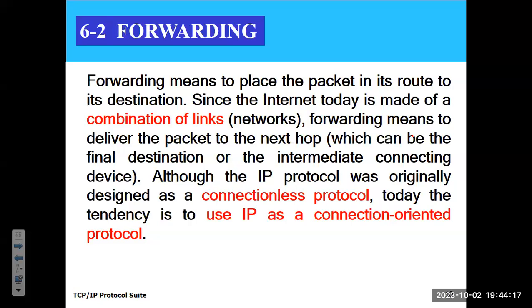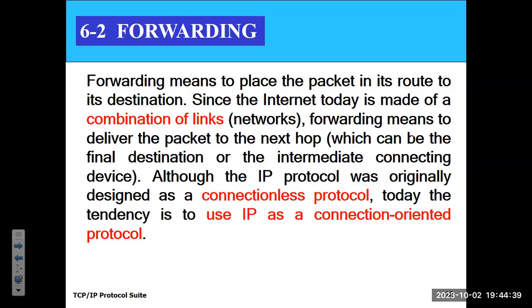So now we have defined delivery, either direct or indirect. Now let's talk about forwarding. As we mentioned, when we say forwarding, you forward it to the device next to you. Maybe this device is another computer, so what we will have is only direct delivery.